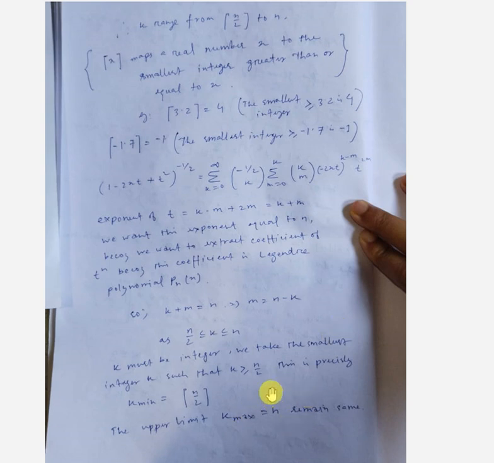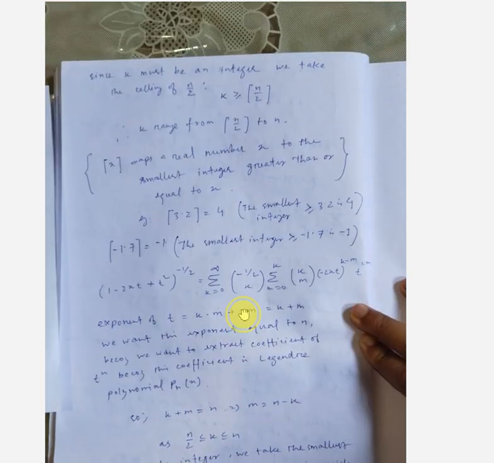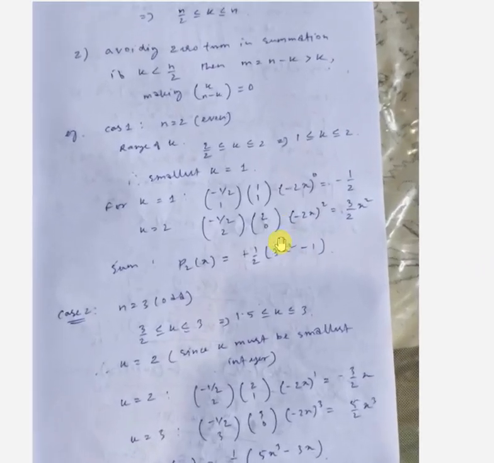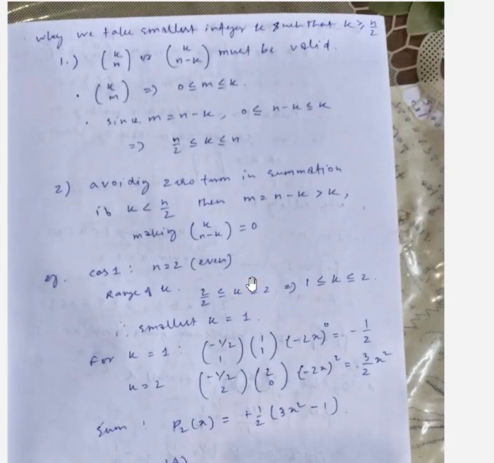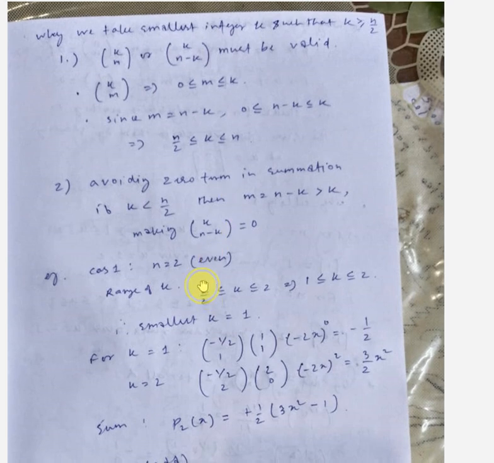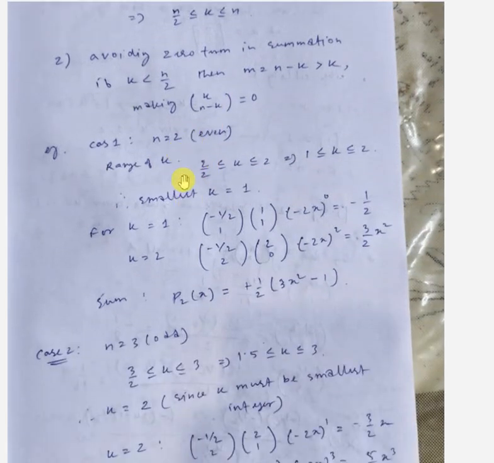So this is nothing but the ceiling function. This must be valid, so m must be less than or equal to k and greater than or equal to 0. If we solve these inequalities, we will get the following.